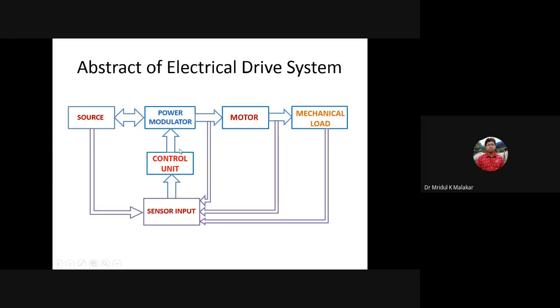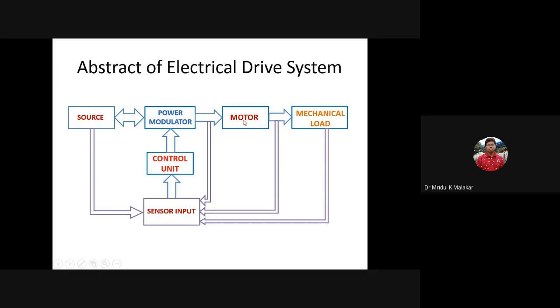Okay, so the sensor input will take the data to the control unit, and the control unit decides what kind of control input you have to give to the power modular. Like if it is, suppose, a DC motor, then one DC-DC converter will be there. You have to control the DC-DC converter output. If it is a servo motor, you have to apply the servo driver. If it is a stepper motor, you have to apply the stepper drive system.